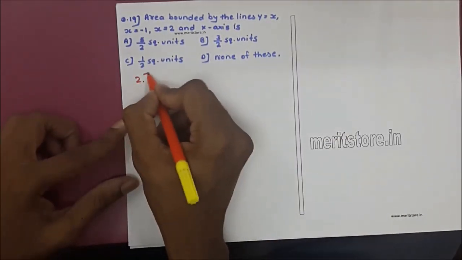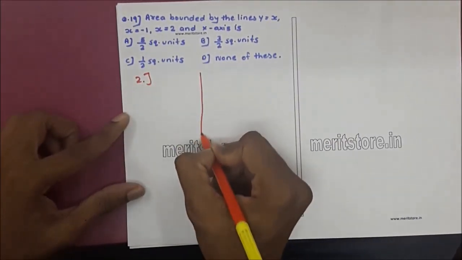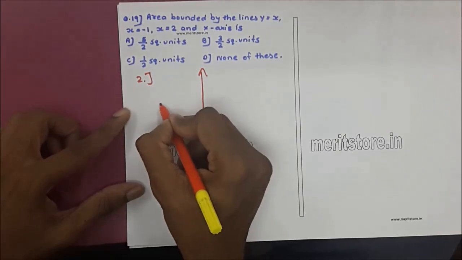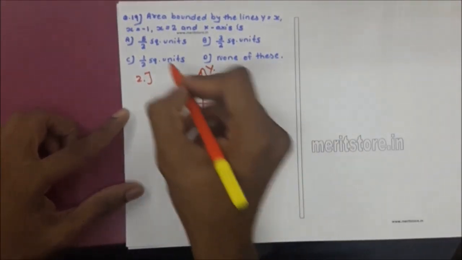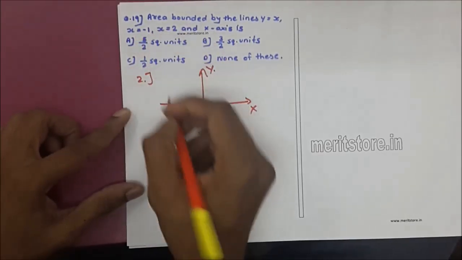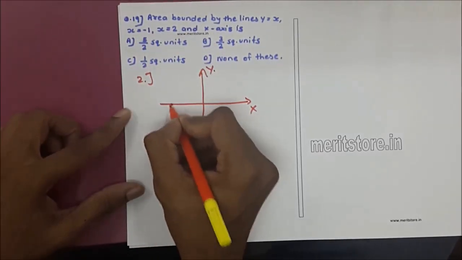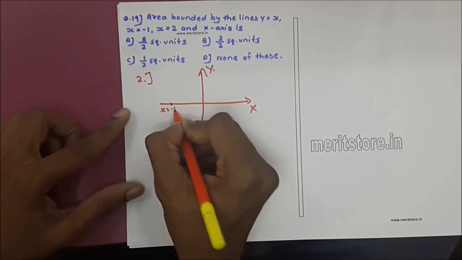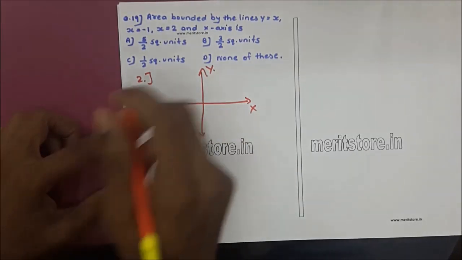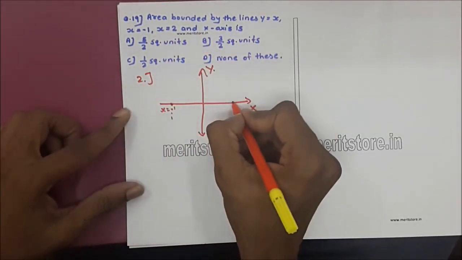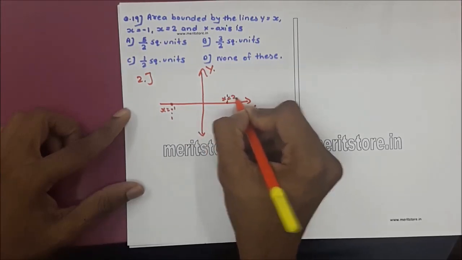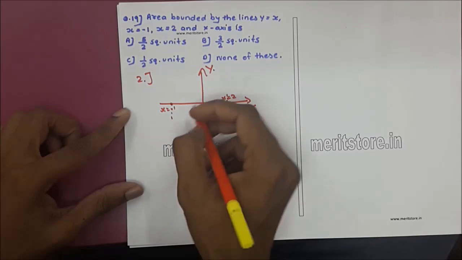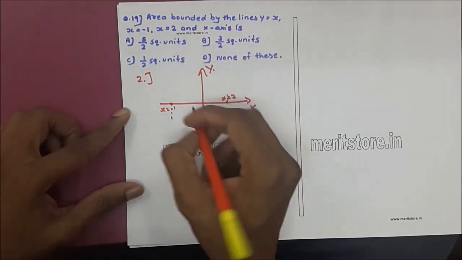If we plot the graph, if we take x is equal to minus 1, which will be over here, that is x is equal to minus 1, and x is equal to 2, which will be plotted at the positive axis, and y is equal to x.